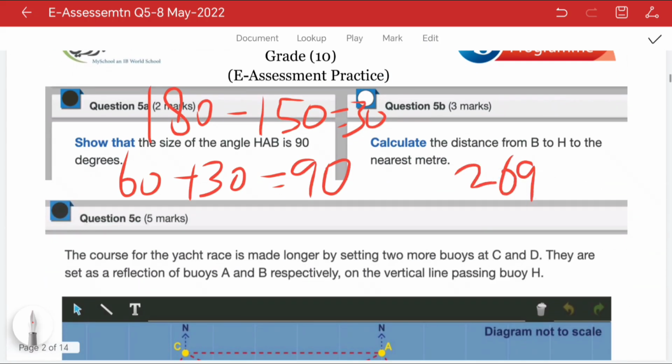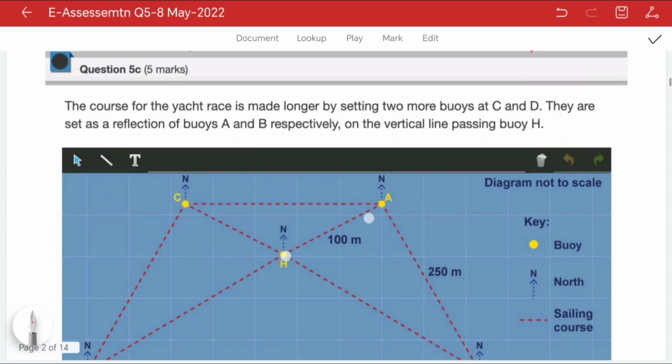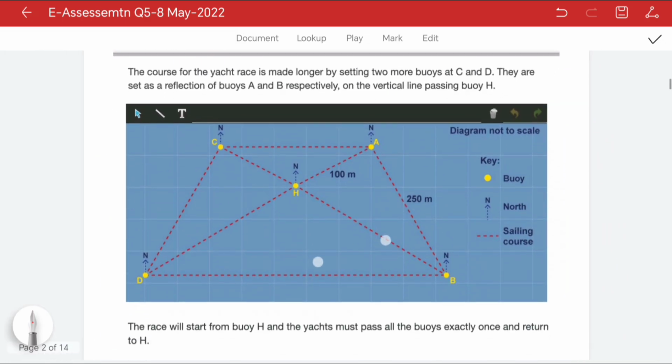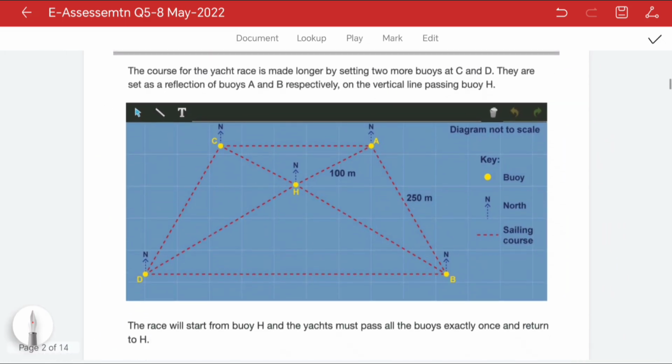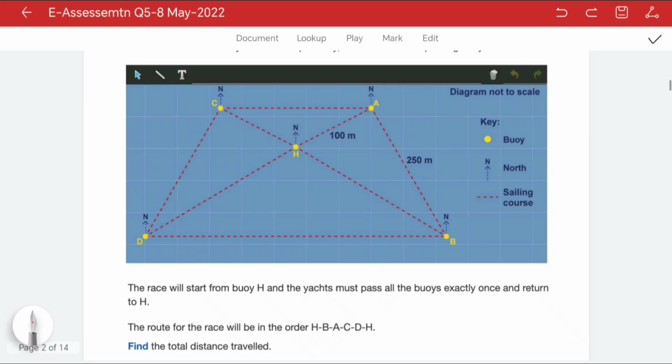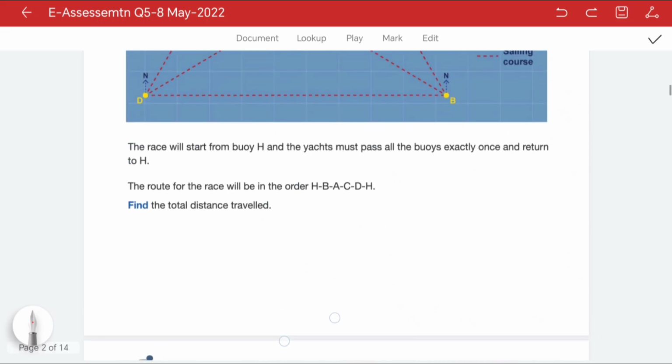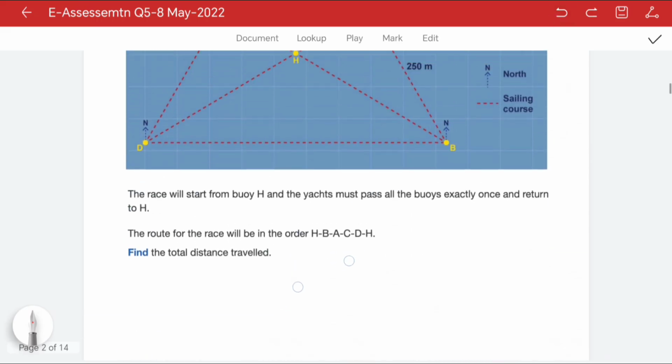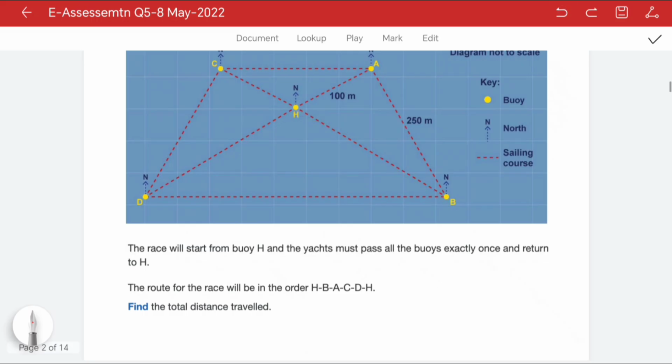After that, look at the c part, the course. They are asking us the same thing we did already, it is also the same, just a reflection. They're asking you to find the total route, from H to B. We will find HB plus BA plus AC plus CD plus DH.